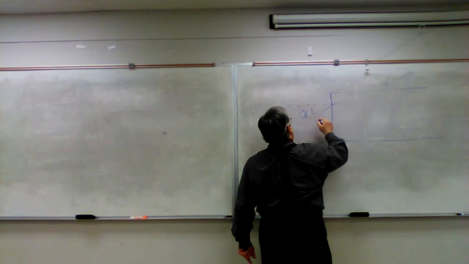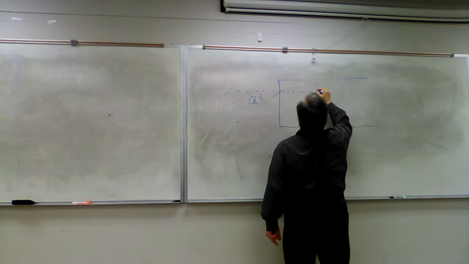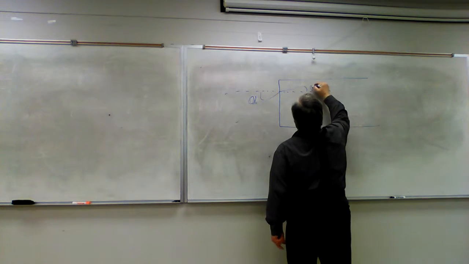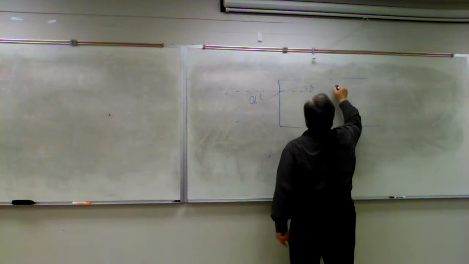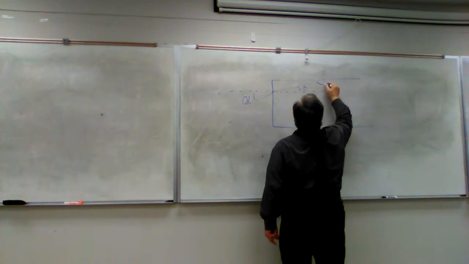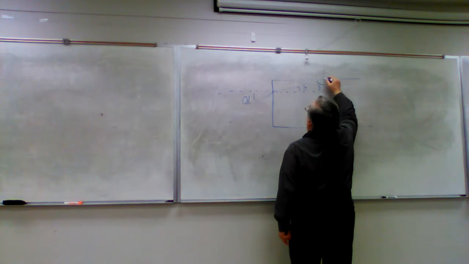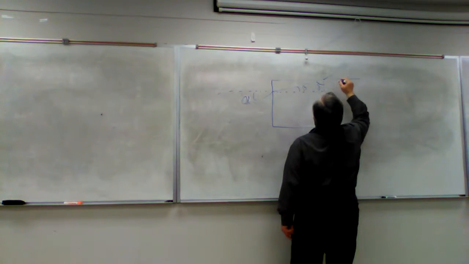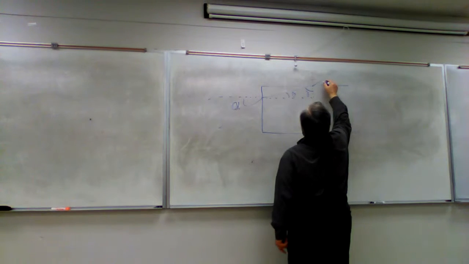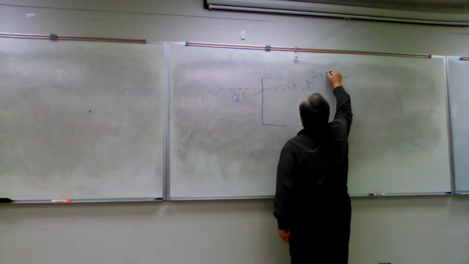So, alpha, this is beta. Which means that is gamma. And that would be some new angle theta.